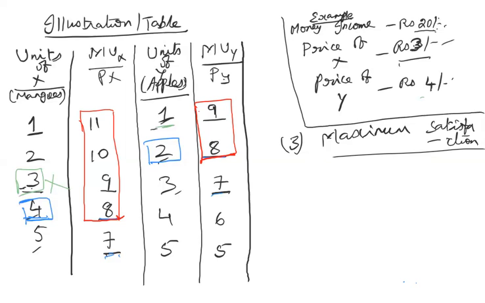You can check any other; total utility will be maximum only if the consumer purchases this amount. This is not the way we are adding.